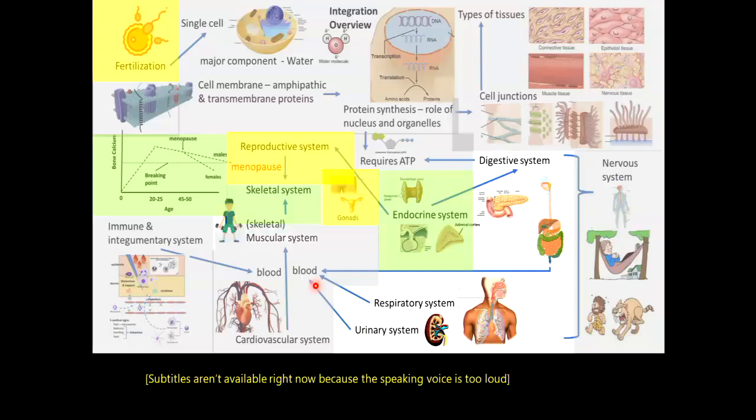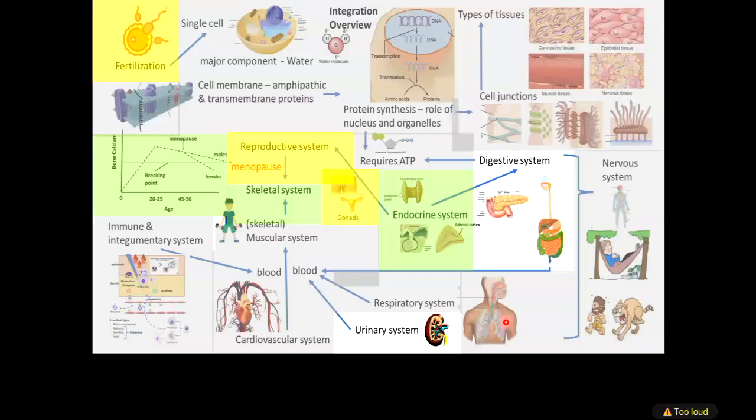And yes, the muscular system is what makes sexual intercourse possible, right? And then the respiratory system: we see that during sexual intercourse the rate of respiration increases so that more oxygen can be delivered to the tissues and consequently make the necessary ATP.